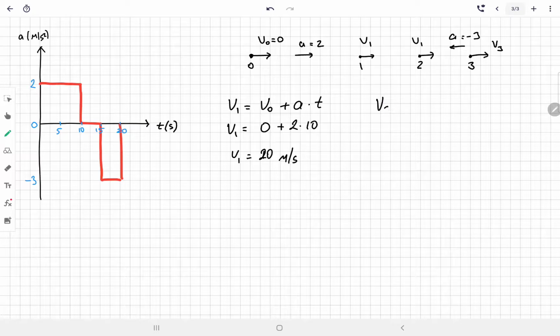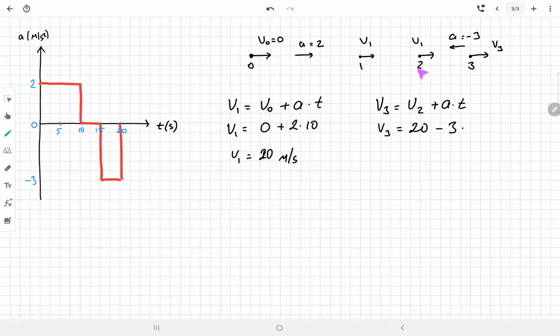Basically, V final equal to V initial plus acceleration times time. V3 of course unknown. V2, velocity at point 2, equal to V1, which is 20. And the positive 20 because it was moving to the right. We know it. Acceleration is negative because it's directed to the left. What about time?